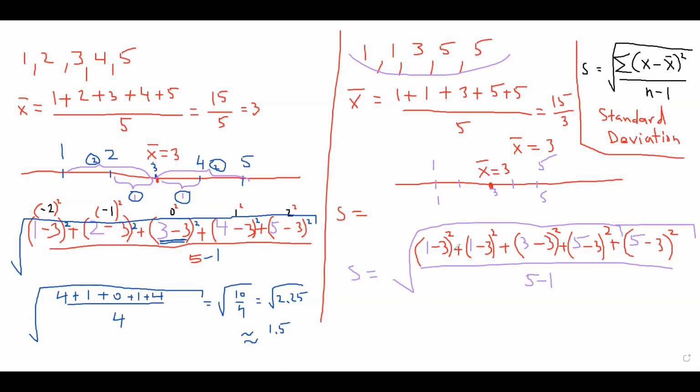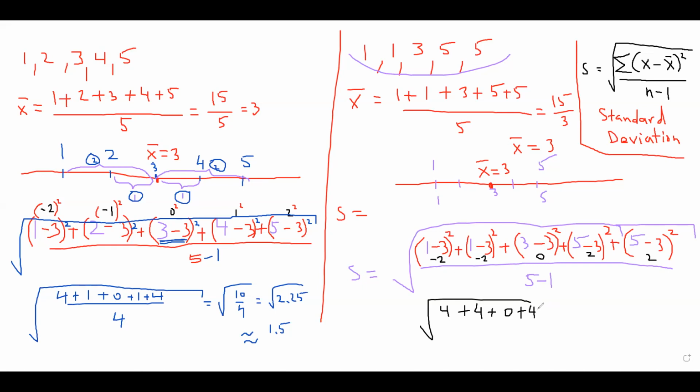So notice that here you have -2, here you also have -2, here is a 0 when you subtract, right? Then +2 and +2. So when I square these, I'm going to end up with 4 plus 4 and then nothing, so I put a 0, and then another pair of 4s.